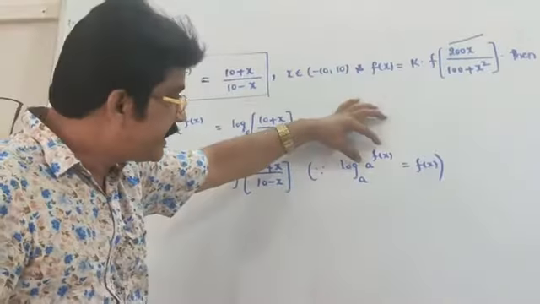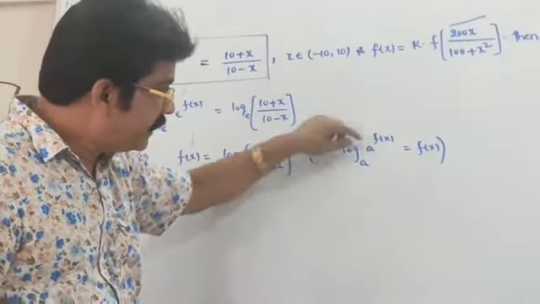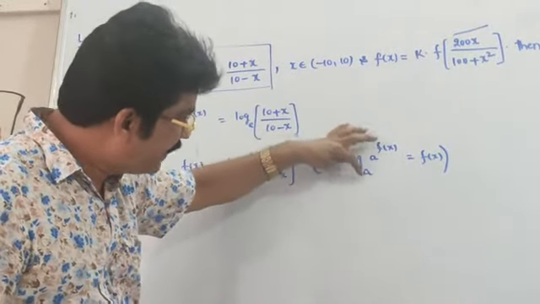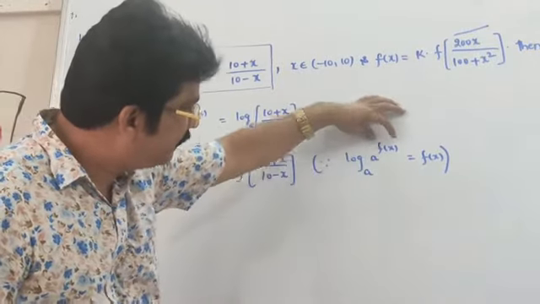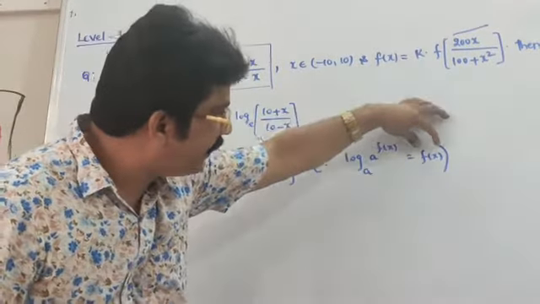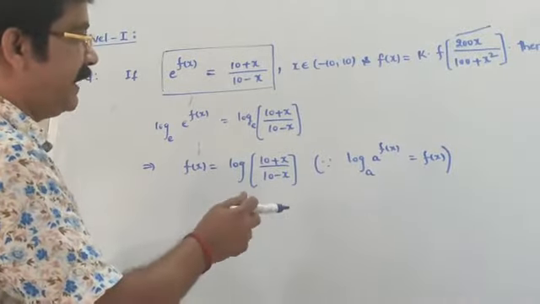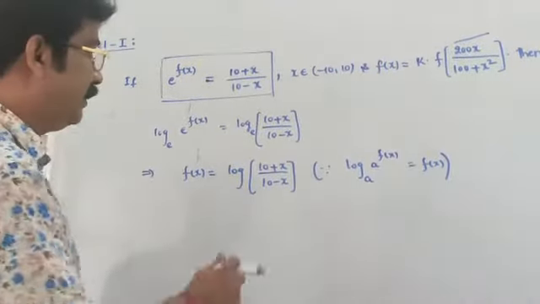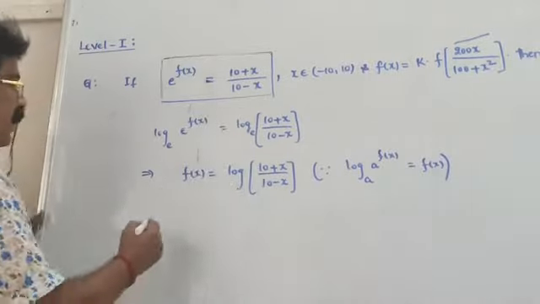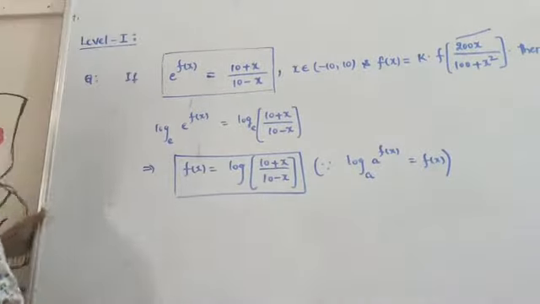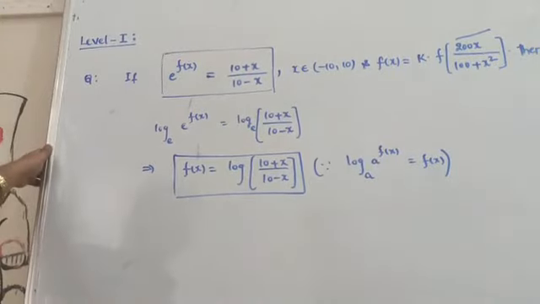If the number's base and the log base are the same, then you just take f of x. Already I explained this formula and its application in 11th standard. Once again, listen: f of x equals the logarithm of 10 plus x divided by 10 minus x.